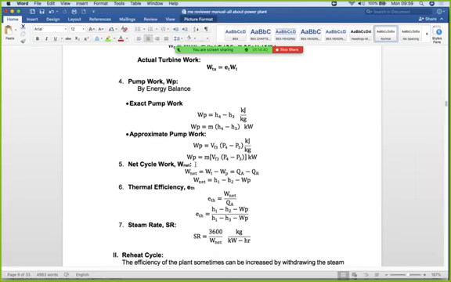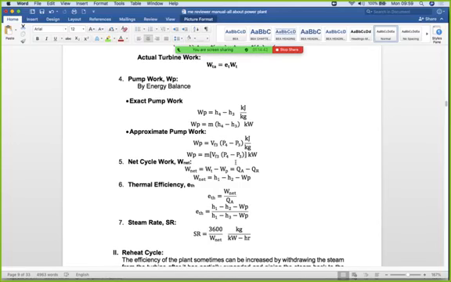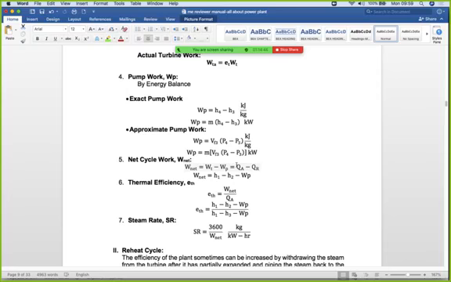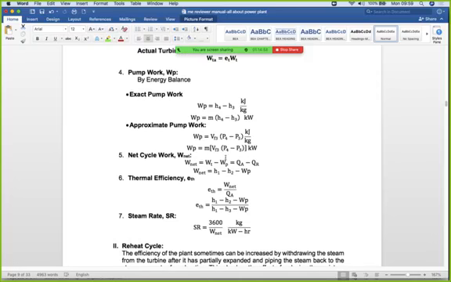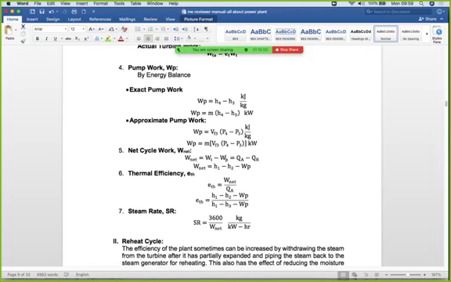The approximate pump work uses the specific volume: vf3 times P4 minus P3, or pump work equals mass times vf3 times P4 minus P3.